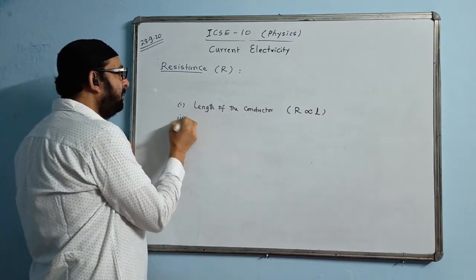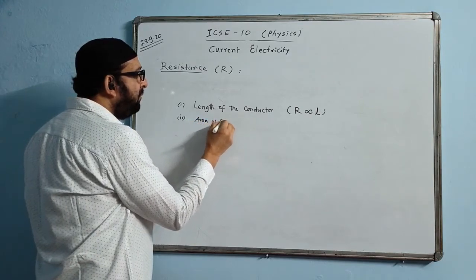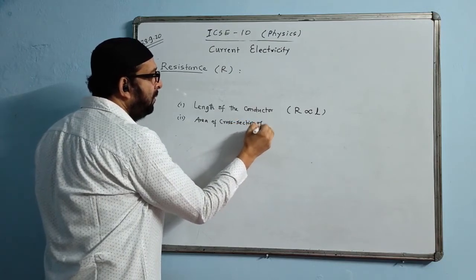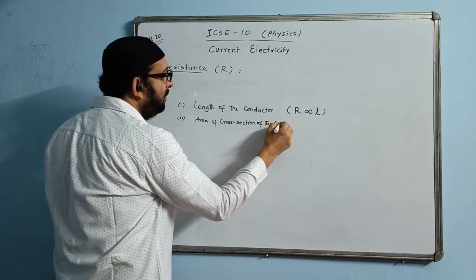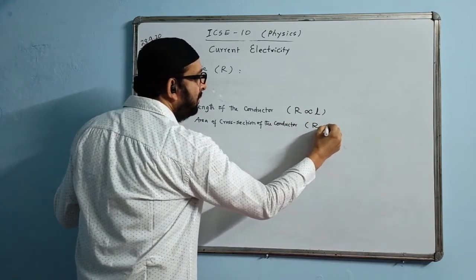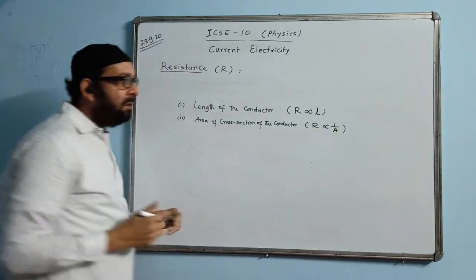Second one, you write area of cross section of the conductor, and here you write R is inversely proportional to the area of cross section.